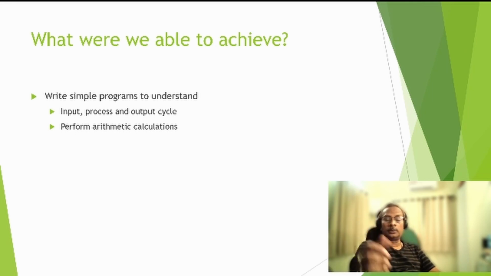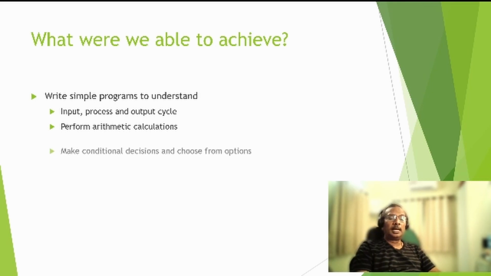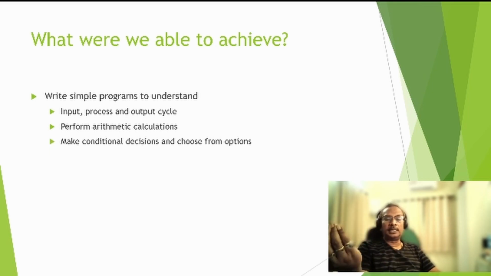We used the modulo operator, all that. And similarly, we made conditional decisions. We saw how we decide whether a particular input year is a leap year or something like that. And then we also saw a program about choosing from a list of options. I believe we discussed something about choosing an ice cream, all that.